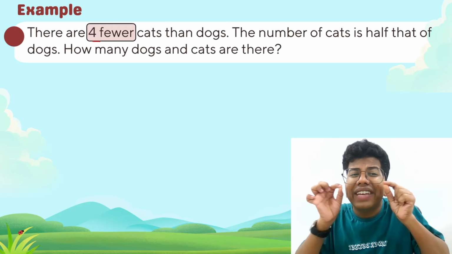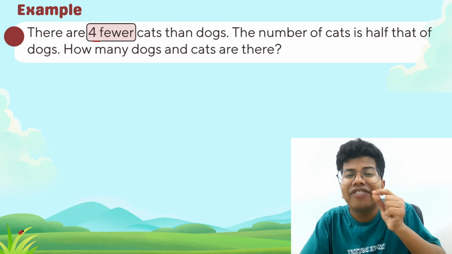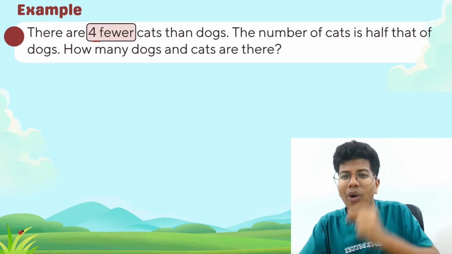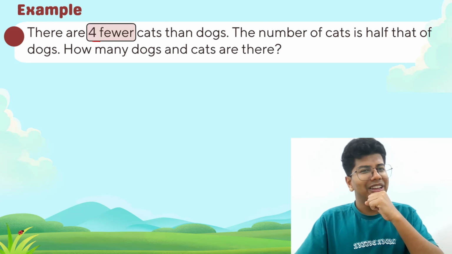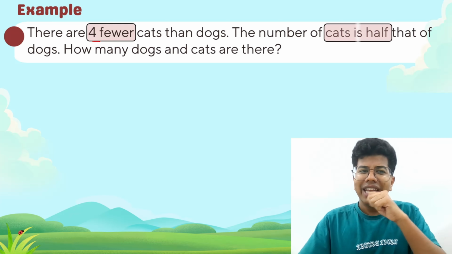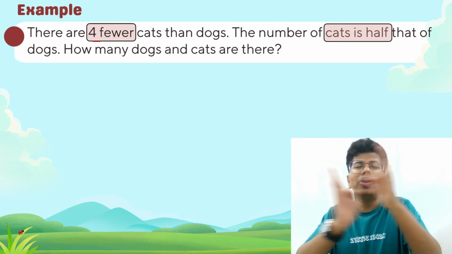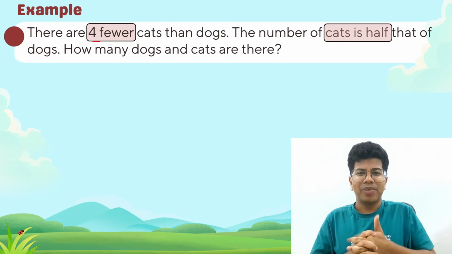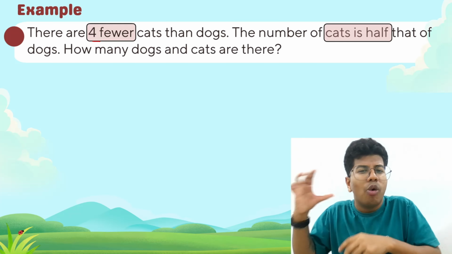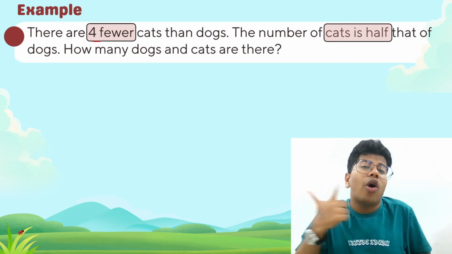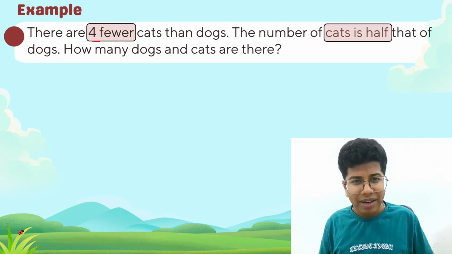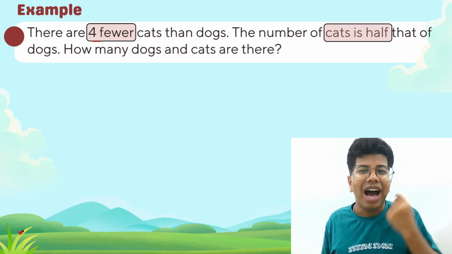The number of cats is half that of dogs. So it's also half. Now the question is asking how many dogs and cats are there. If there's no exact value, which relation should we use to draw the model? See, the first part is the more or less situation. As we just saw, we should use the more or less scenario to draw a model. But the second part is about the half.